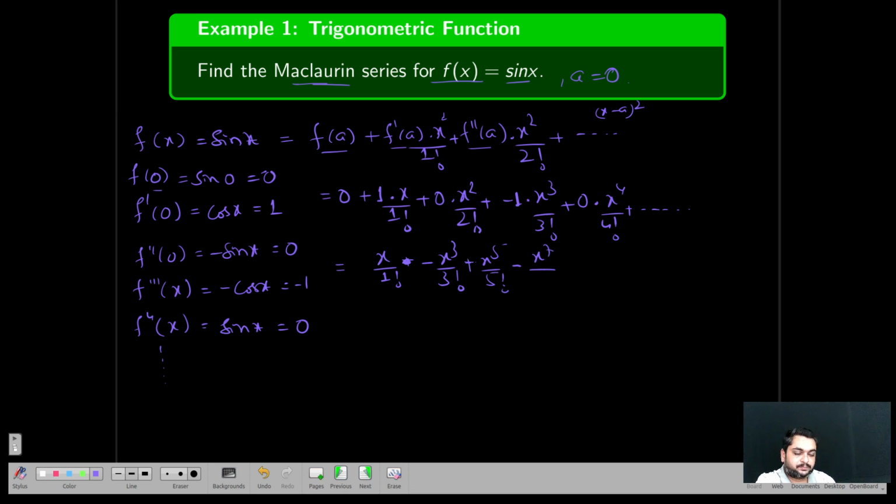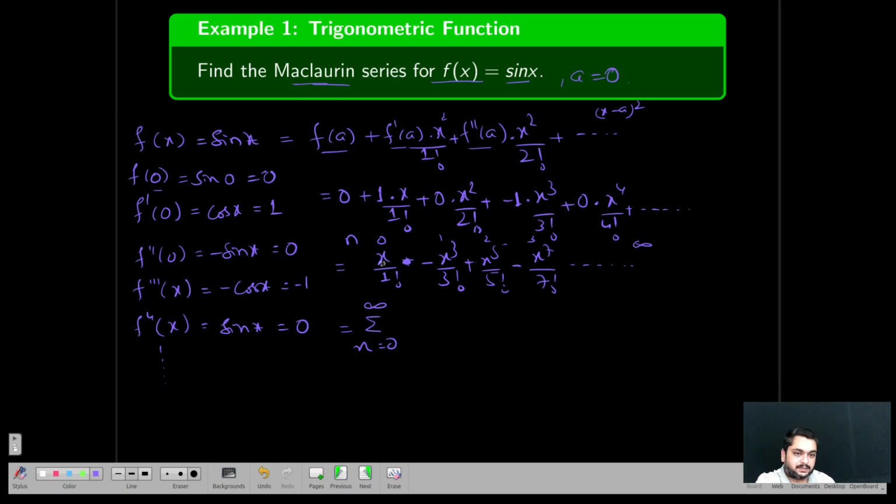You can check it. You can go on till infinity. How will you generalize this? You can generalize this as a summation, starting with n equal to 0 for the first term, second term, third term, till infinity. So n equal to 0 to infinity.